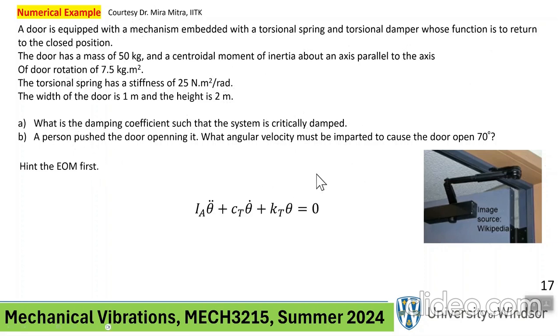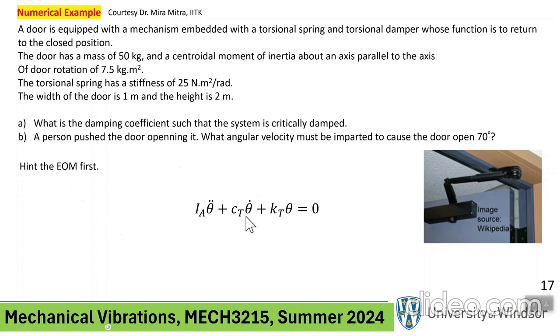Okay. So write the equation of motion, the mother of all equations. What is the response variable? Well, it's not a translation of a mass or a translation of the door. It's the rotational position of the door.